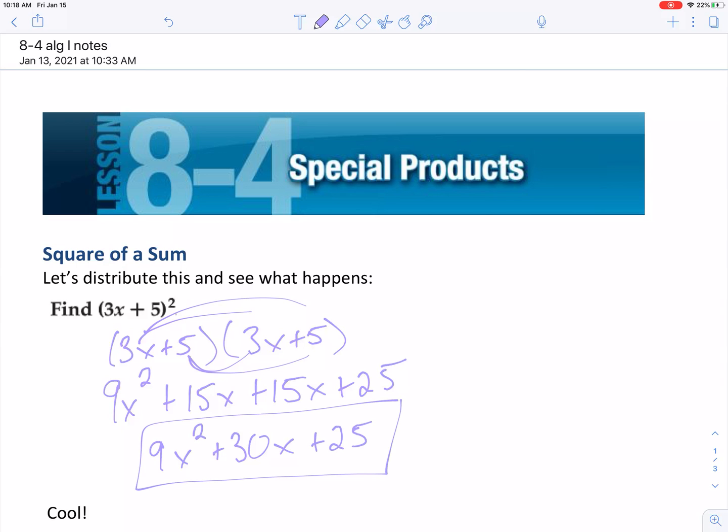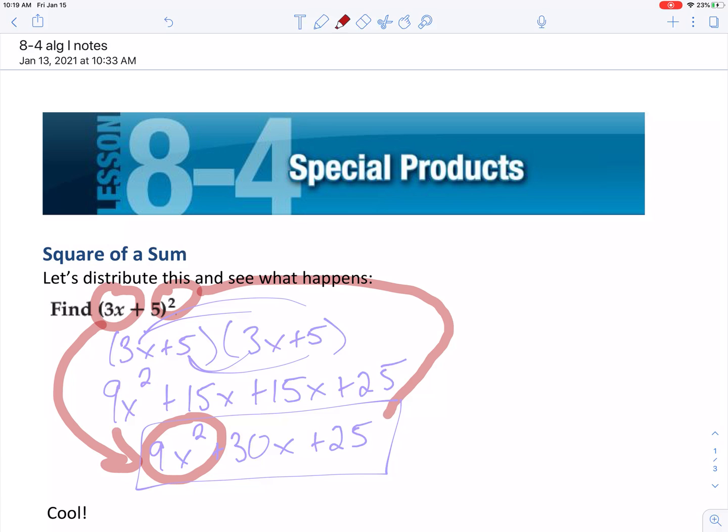Well, someone, somewhere along the way, figured out a little pattern here. They noticed that 9x squared is the same thing as this 3x if you square the 3x. Then they noticed that 5 squared gives me that 25.